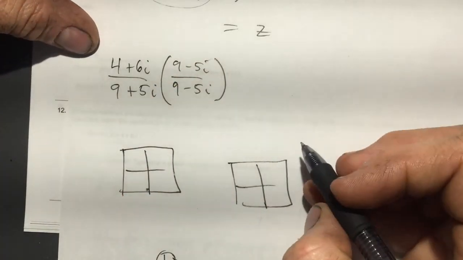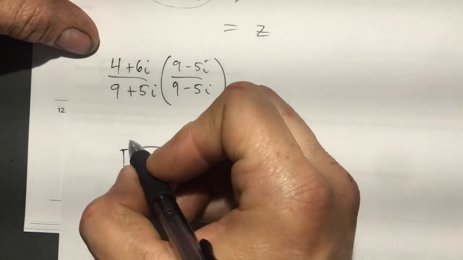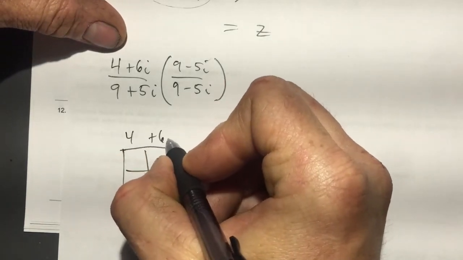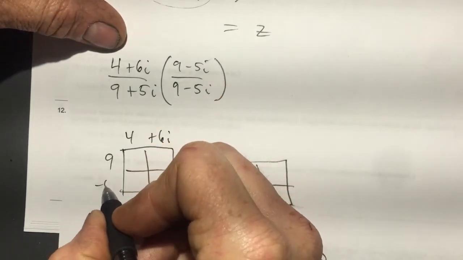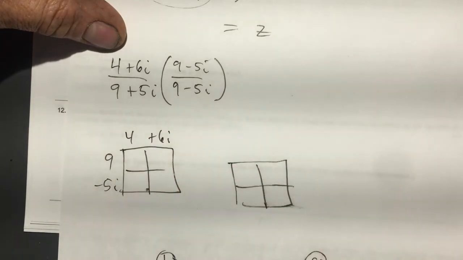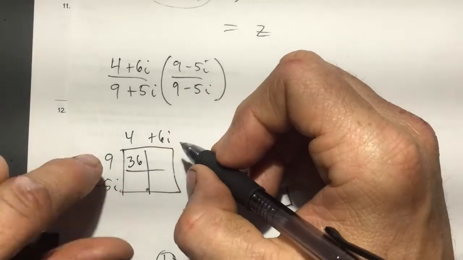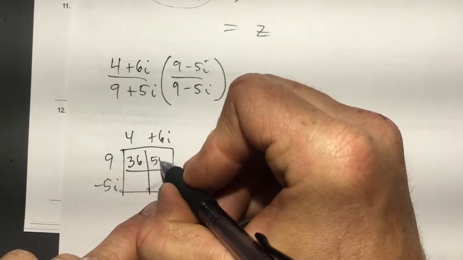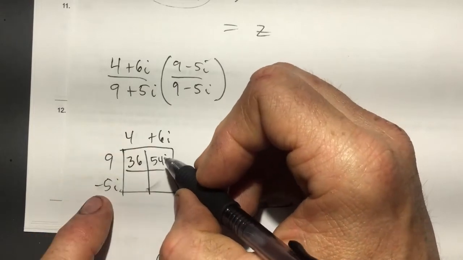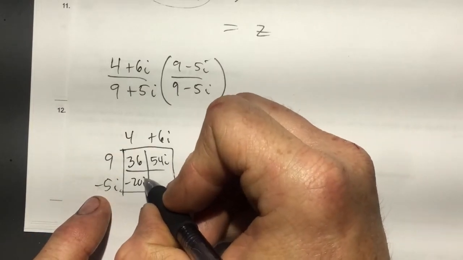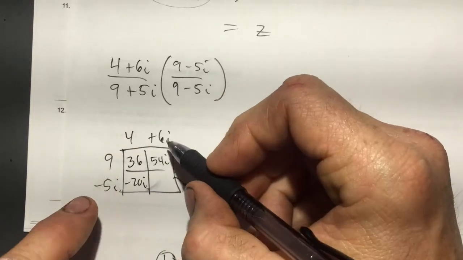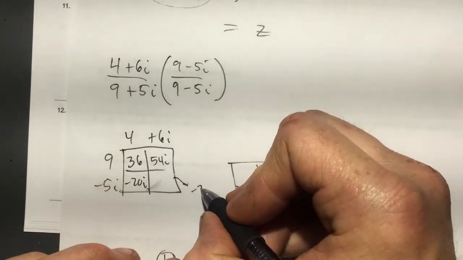Okay, so in this one here, I got 4 plus 6i. I got 9 minus 5i. Just be careful. Do each square in the box, you know, one at a time. 9 times 4 is 36. 9 times 6i would be 54i. 4 times negative 5i is negative 20i. And then right here in this one, this is negative 5 times 6, which is negative 30.